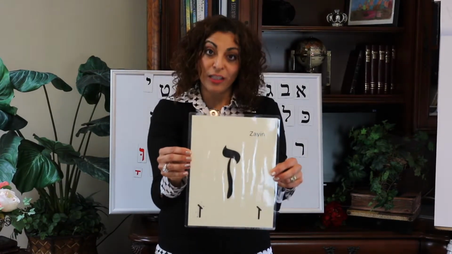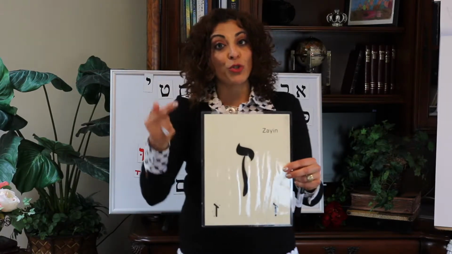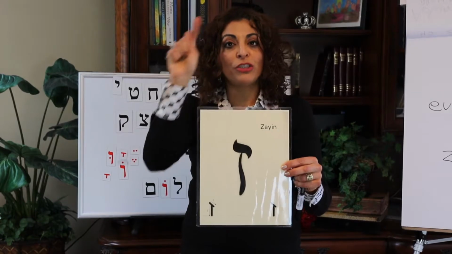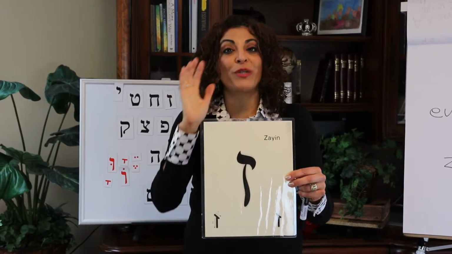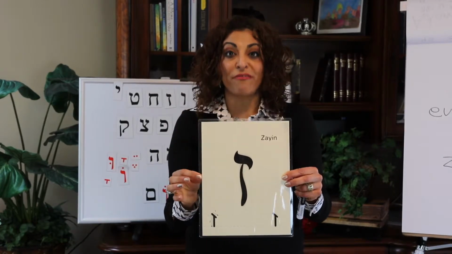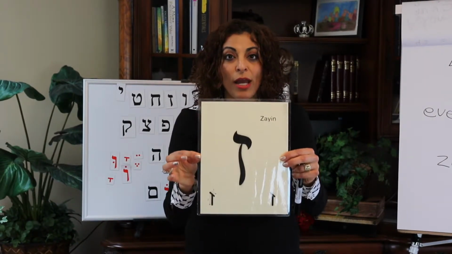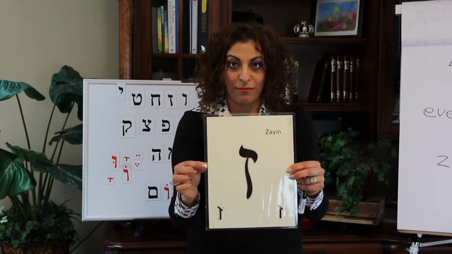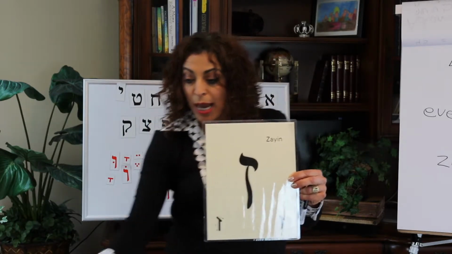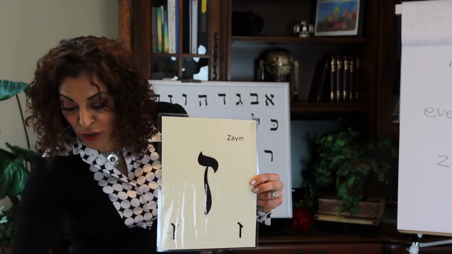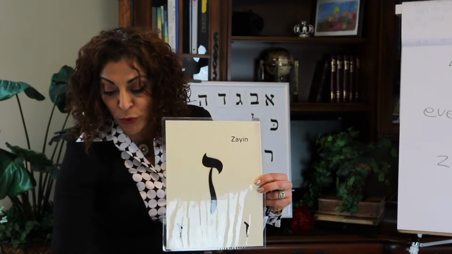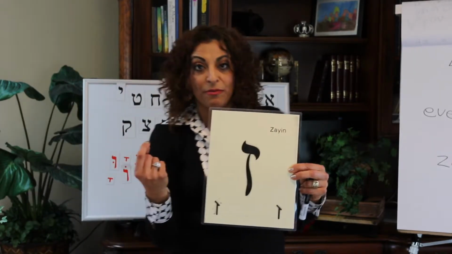And the numerical value of the letter zayin, if you look at your chart, is 7. 7 is a completion. The world was created in 7 days. There is a lot of symbolism of 7. Okay? So it also means nourishment. It also means sword. If you look at the first time the letter zayin appears in the Torah, in the Bible, it's in the word zera, which means a seed.